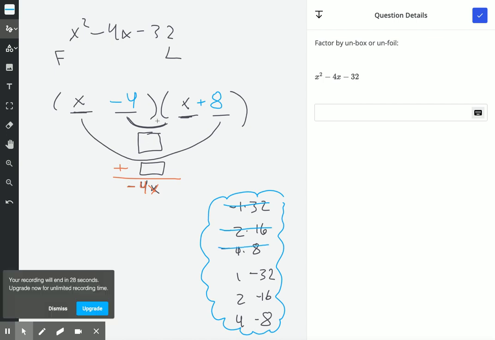Is there a way that I can make a small adjustment to get a negative 4x? I think if I switch these signs, I will get 4x's here, negative 8x's here. Now I have my negative 4x's. I have my answer. Very good.